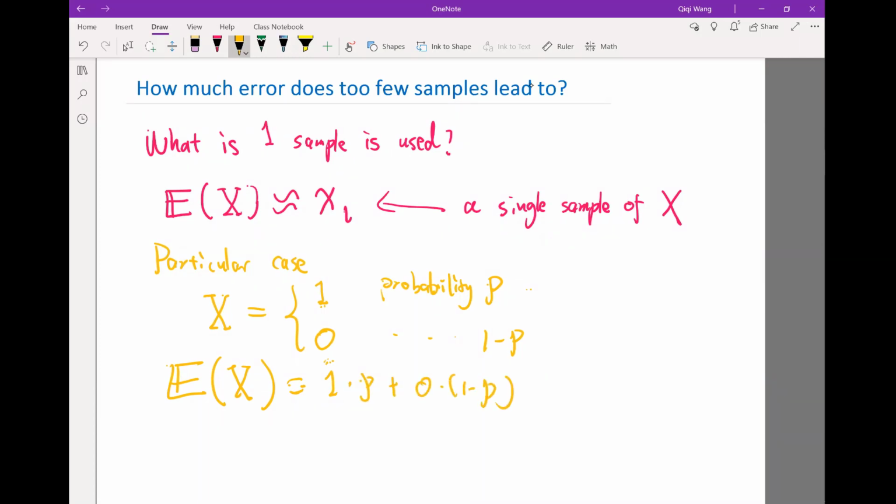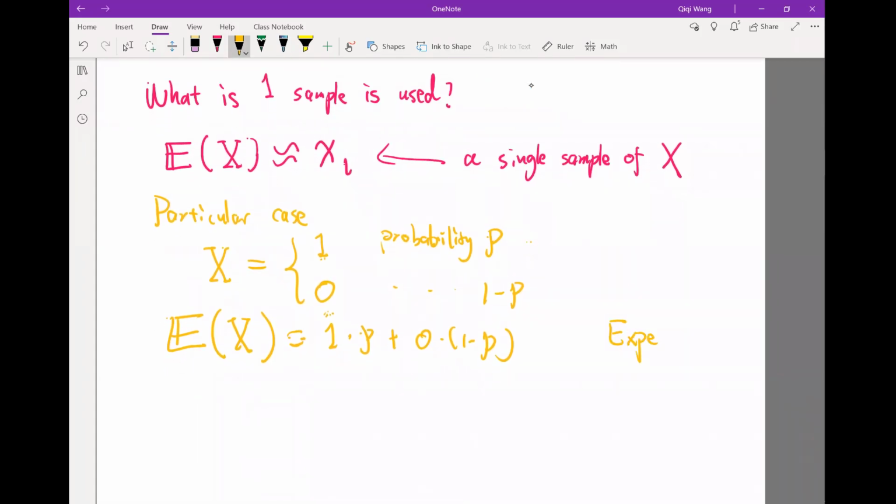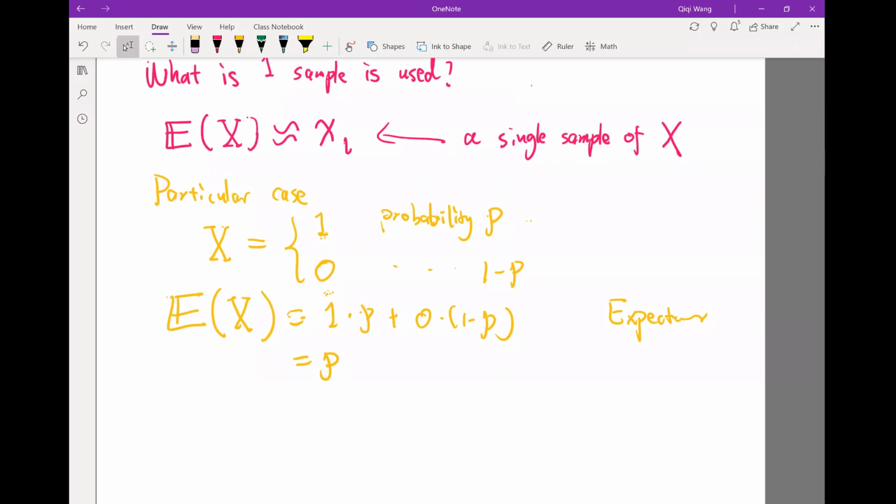That's the average value, or expectation, which of course is just equal to p. So if we want to compute the probability that this random variable is equal to 1, we just take its expectation.